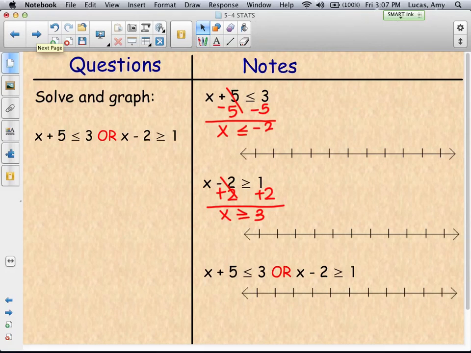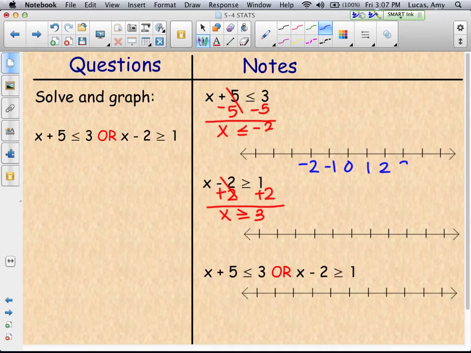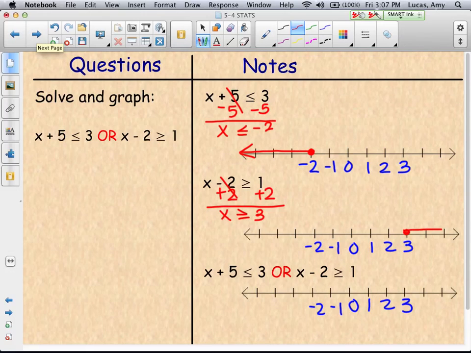So my number lines need to go from -2 to +3. Okay, my first one, less than or equal to -2. So it's going to the left. Second one, greater than or equal to 3.